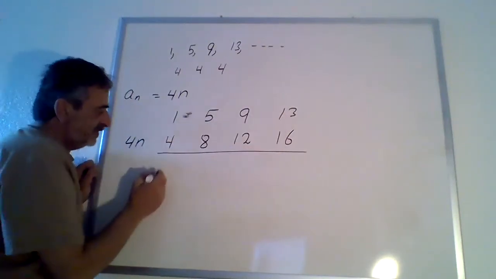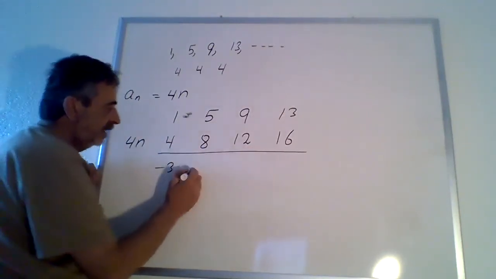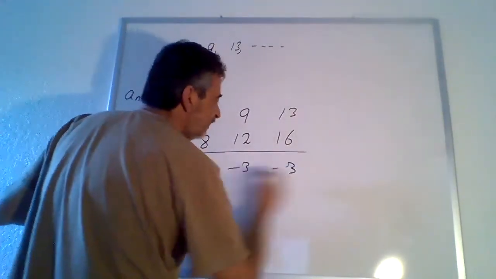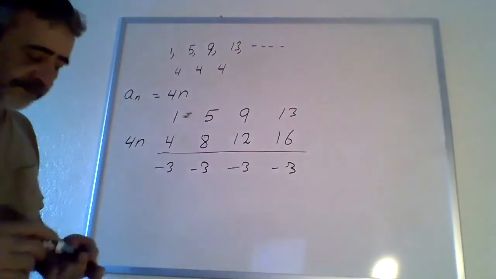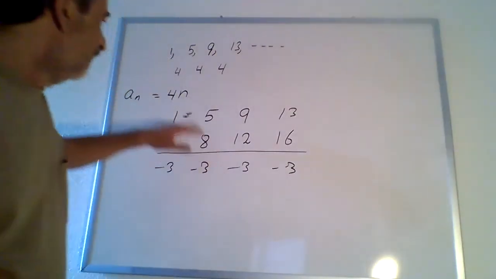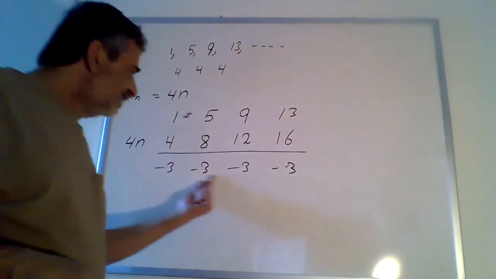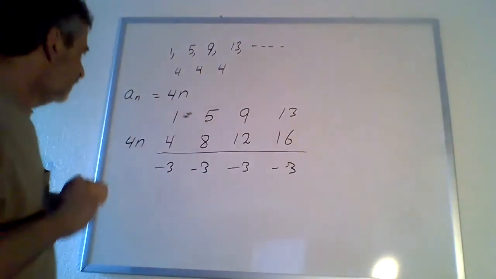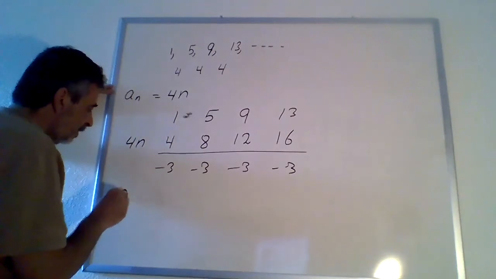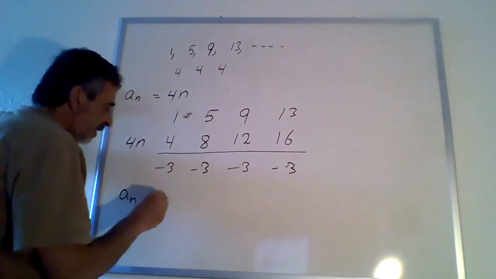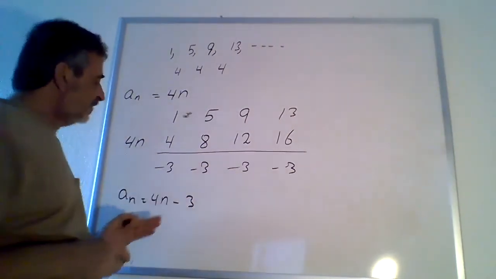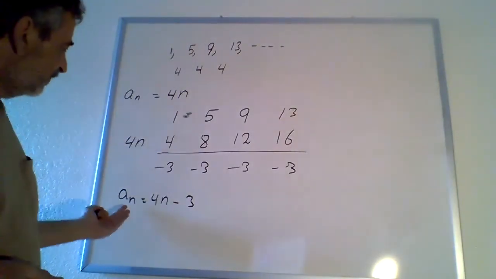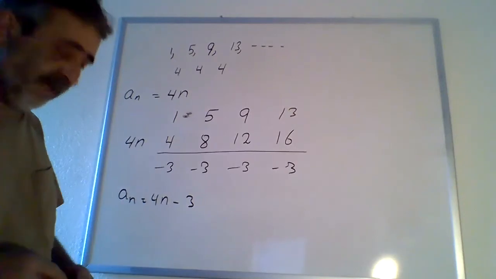So 1 minus 4 is negative 3, negative 3, negative 3, and negative 3. Since this is all the same, the next step is a_n would be 4n minus 3. So basically, this sequence has an nth term of a_n equals 4n minus 3.